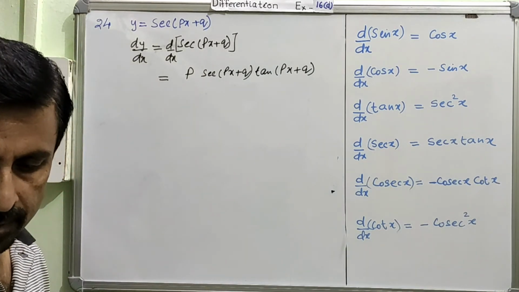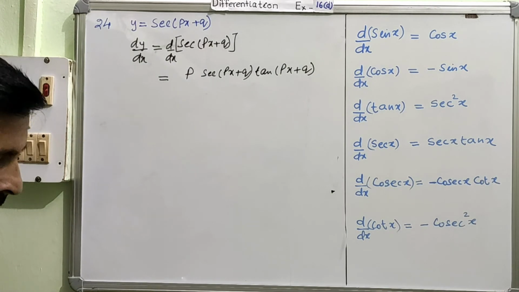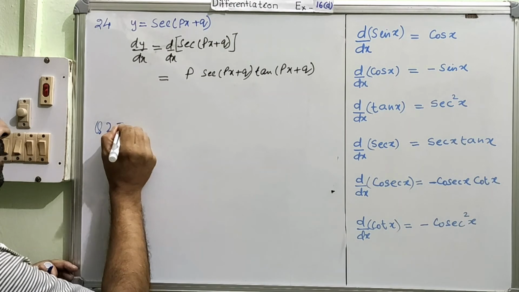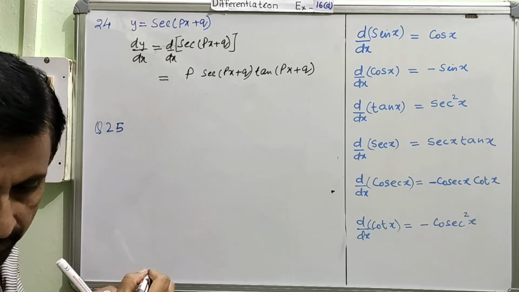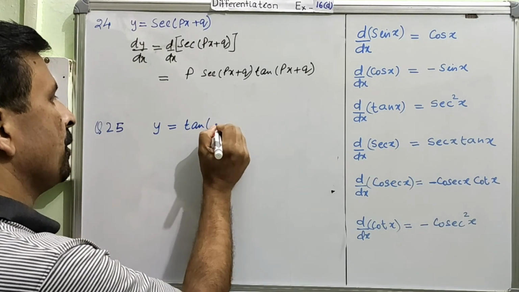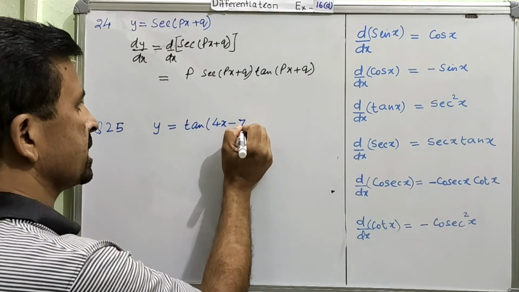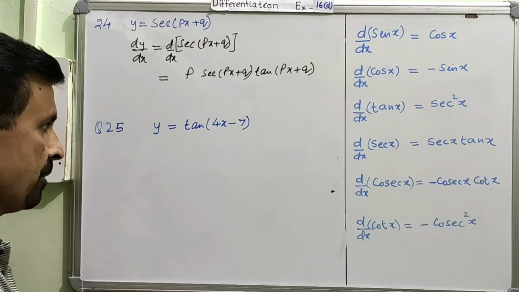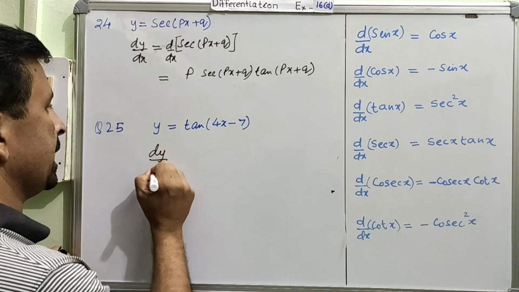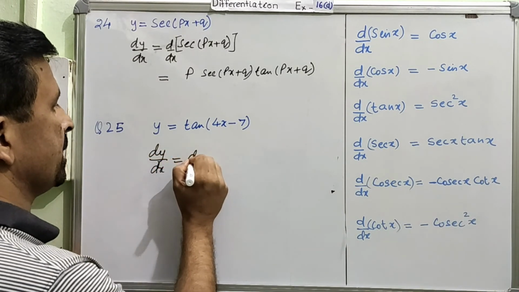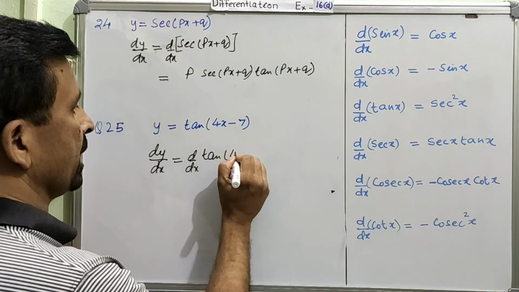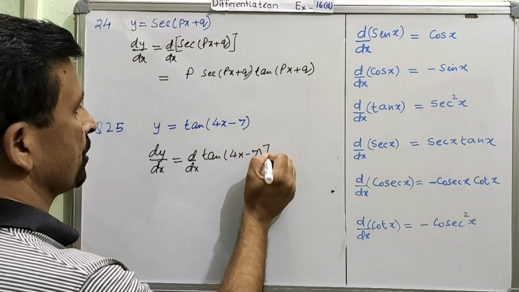Am I very clear? Now we will take one more question, that is the last question of this exercise, question number 25. This question number 25 is y is equal to tan(4x minus 7). Very simple question, right? So we will once again find the derivative of this given function. dy by dx is equal to derivative of the given function, that is tan of 4x minus 7.